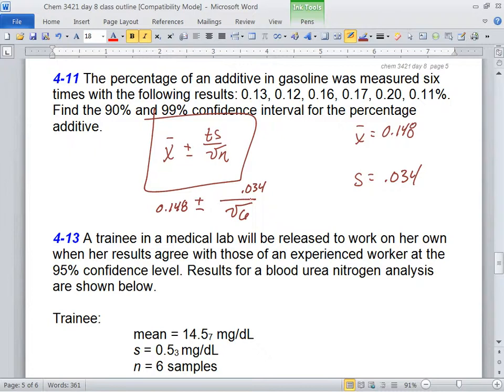Okay. What percent confidence did they want? Oh, they want 90 and 99. So okay, let's do 90%. And then over here, we'll do 99%. So for the 90% t, which number would you look up?